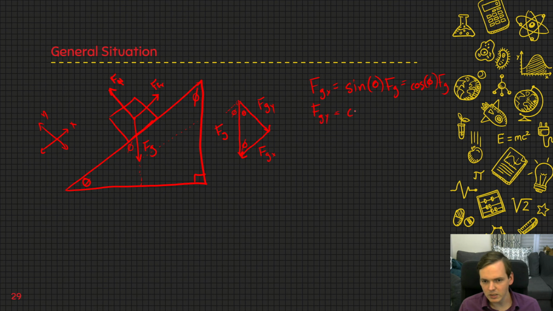Fgy is the opposite, so cosine of theta times Fg, which is sine of phi times Fg. Then, in general, the sum of the forces in the y direction will be equal to 0, which will be equal to Fn plus Fgy. And the sum of the forces in the x direction will be different depending on the problem.